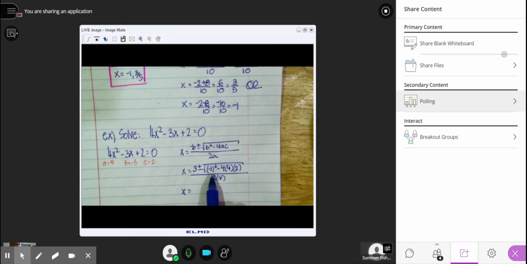Now, I'm going to use my calculator to figure out what's underneath the square root: negative 3 squared minus 4 times 4 times 2.